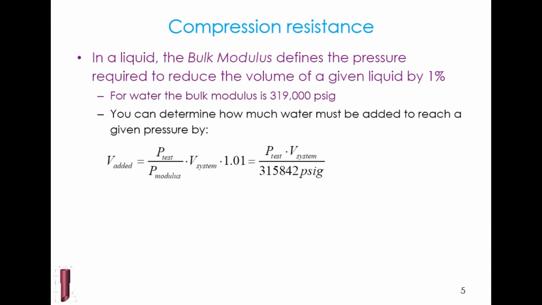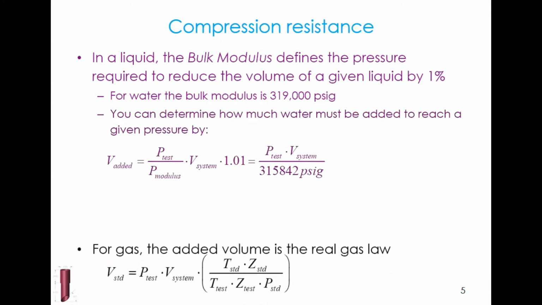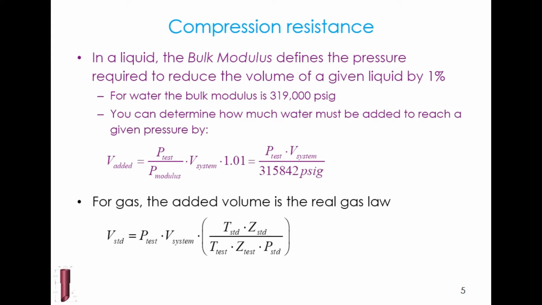You can determine how much water has to be added to reach a given pressure by this arithmetic, and it works out to your test pressure in psia times the volume of the system divided by 316,000 psig. For gas, the added volume is the real gas law. So it's test pressure times the volume of the system times a conversion to get back to standard conditions.